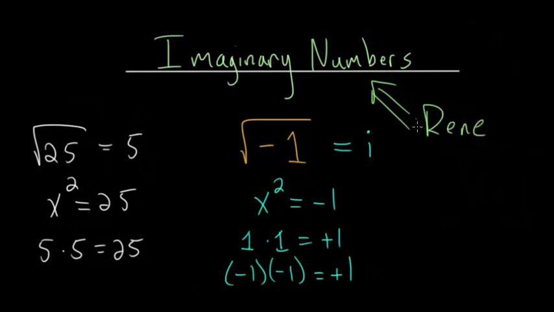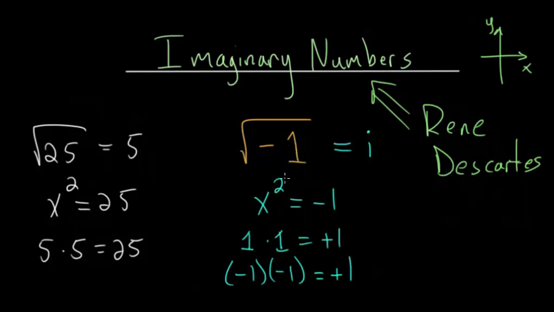You may recall the mathematician Rene Descartes. He's famous for saying, "I think, therefore I am," but he's also a fantastic mathematician. He's the one who invented the coordinate plane, the XY plane. But he named these things imaginary numbers, and he did so in a derogatory sense. Essentially, he did not like these numbers.